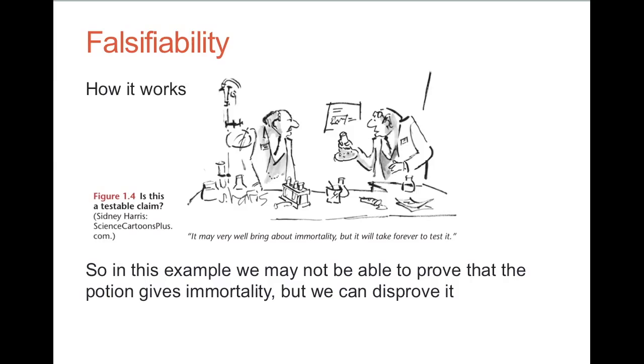We're going to give it another example. So in this example, we may not be able to prove that the potion gives immortality, but we can disprove it. Now, it says it may very well bring about immortality, but it will take forever to test it. So this is an example of how it's supposed to work.